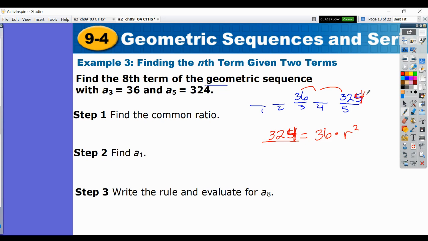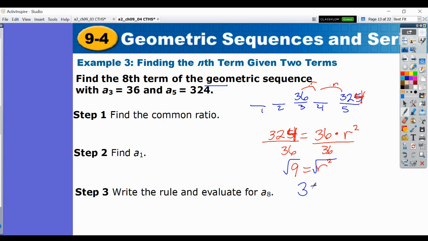So my fifth term is 324. My third term is 36. Now I can divide by 36, which is what I was going to do in the beginning. And I know that that's two steps, times r, which is r squared, not 2r, but r squared. And since that's squared, I can square root it.